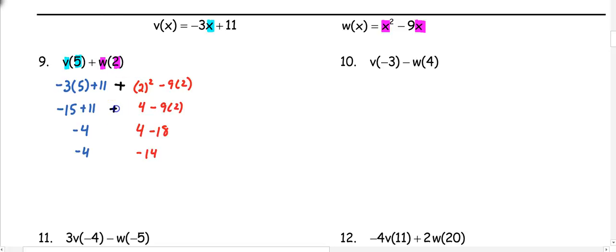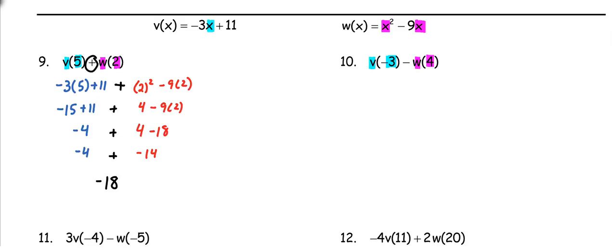And then we're going to carry down that operation that was in the middle, which was our plus. So negative 4 plus negative 14 gets us negative 18. So we're going to do each equation separate, and then at the end, combine them using the operation that's in the middle.